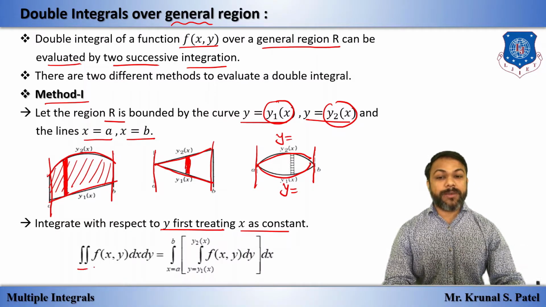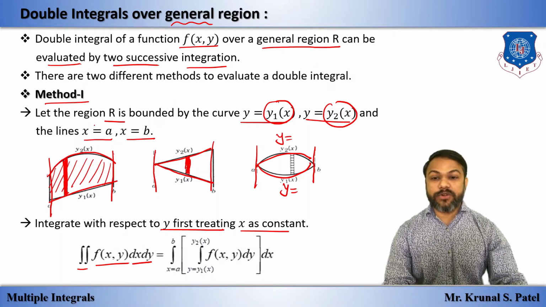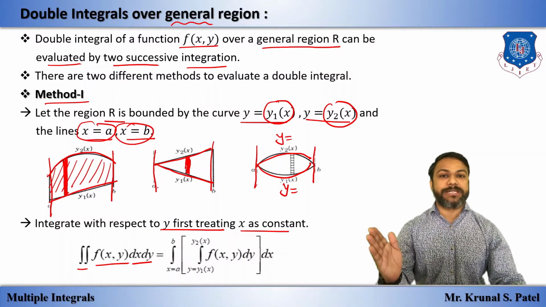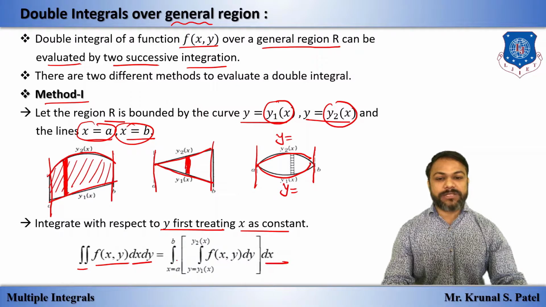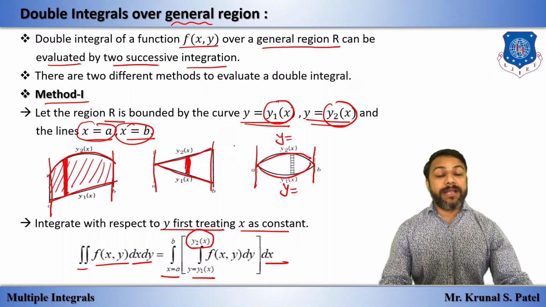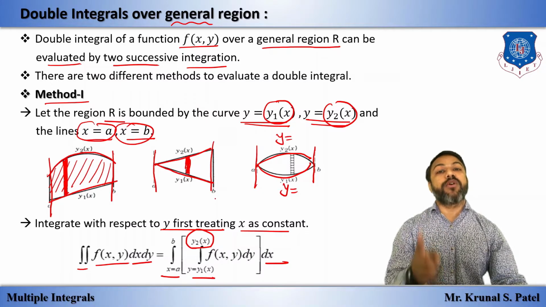So the double integral of f of x y dx dy is equal to: x equal to a and x equal to b are constant limits, so they go outside, with dx outside. The variable limit goes inside, compulsorily, and this variable limit is the limit of y, but in the form of x.